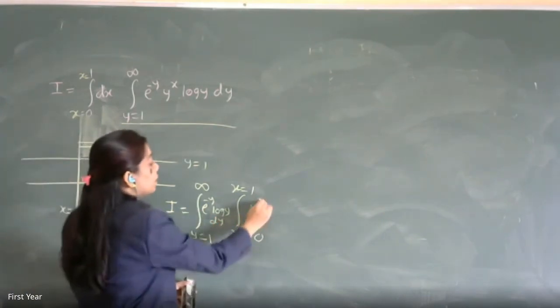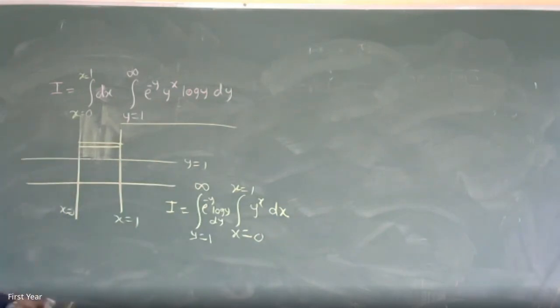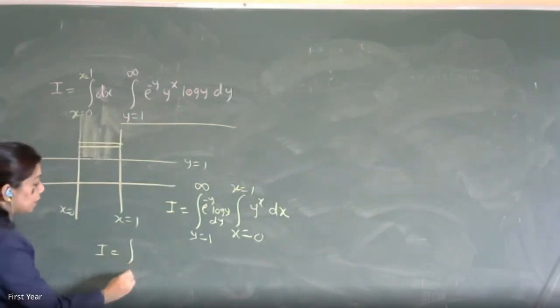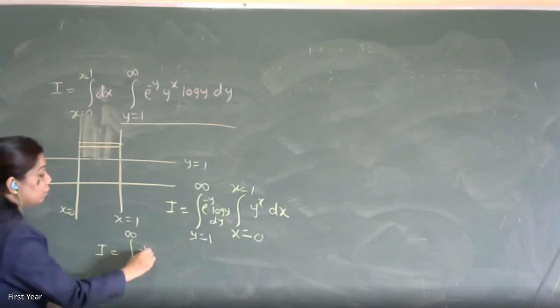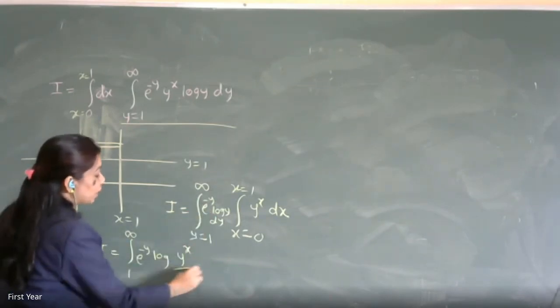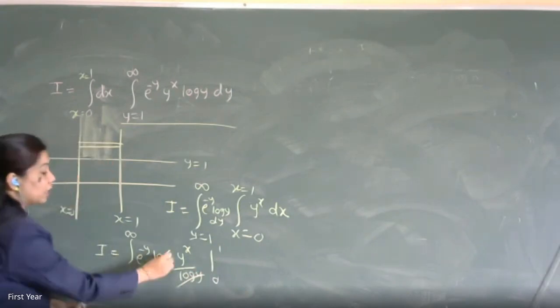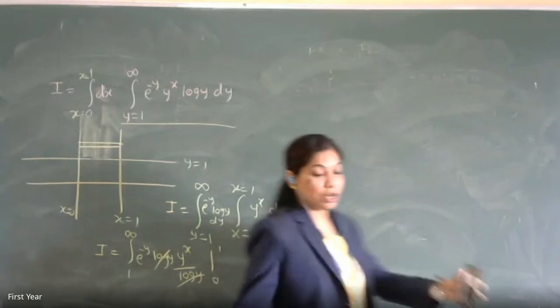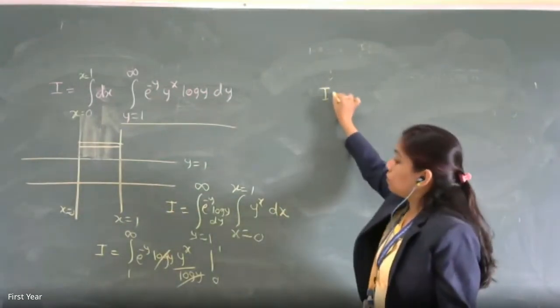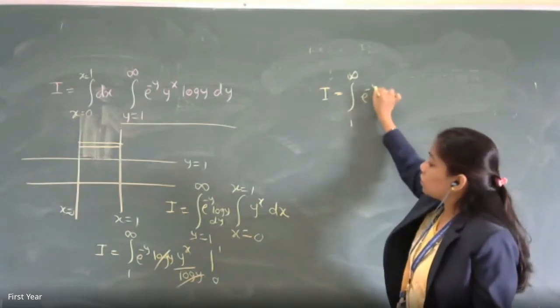Only y raised to x will remain through the integration of this with respect to x. And therefore, I will become integration 1 to infinity e raised to minus y log y. Integration of y raised to x is y raised to x by log y from 0 to 1. Log y cancels.